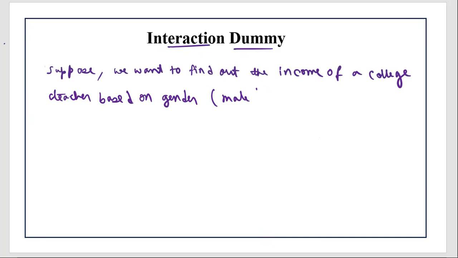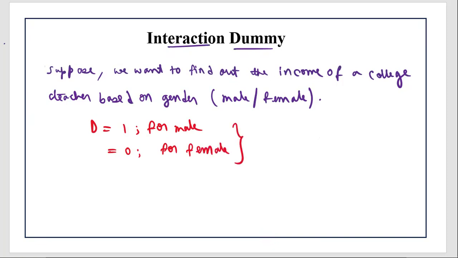So basically we are taking male and female for our example. So we will introduce the dummy variable once more. So 1 for say male, and it will take the value 0 for female.